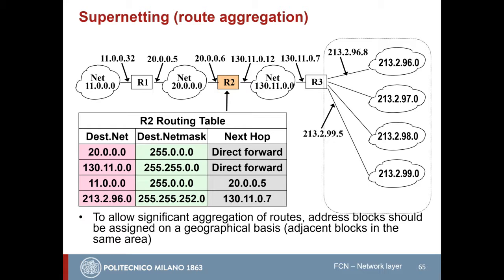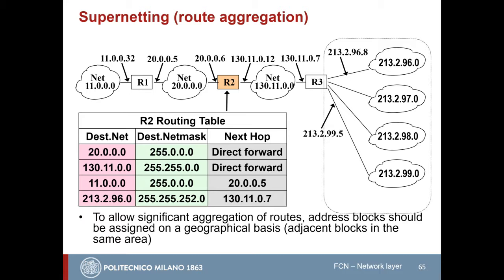So when you are doing this supernetting operation, this is the resulting routing table of router 2. As you can see, the 4 separated entries are now replaced by a single entry. And in terms of routing, the result is perfectly equivalent. It's exactly the same as before.